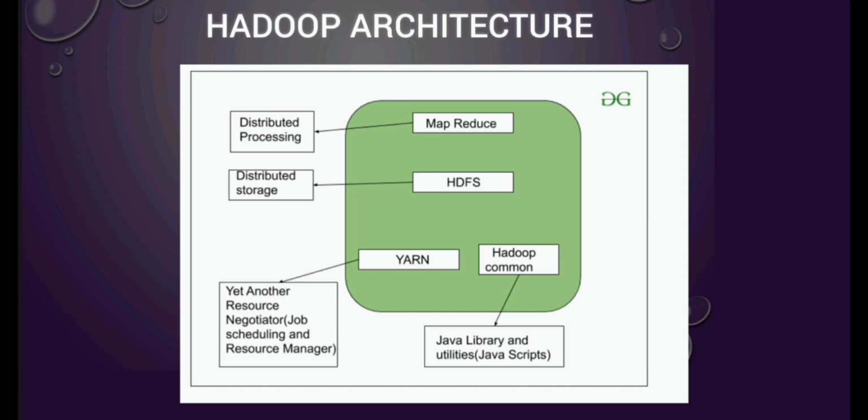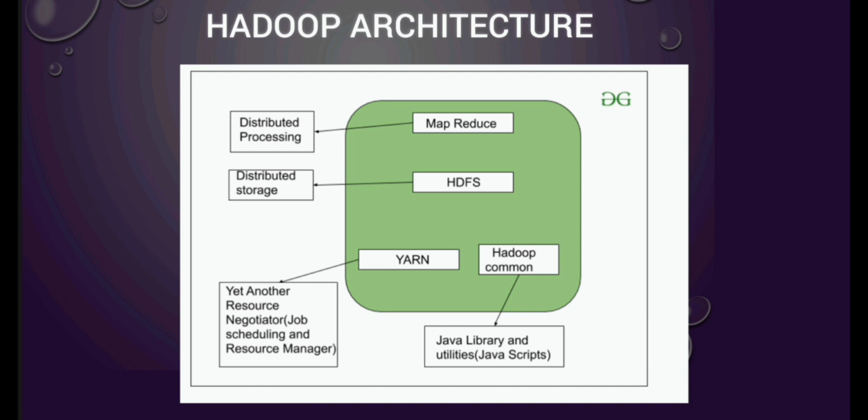Using the shuffling process, the system can sort the data using its key value. Once some of the mapping tasks are done, shuffling begins. That is why it is a faster process and does not wait for the completion of the task performed by the mapper.